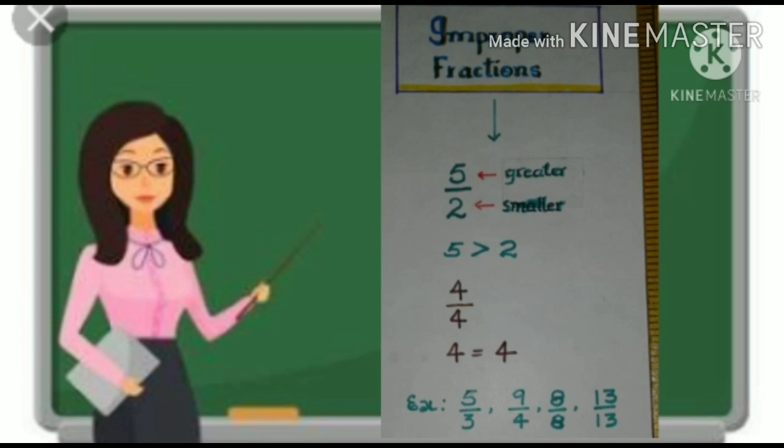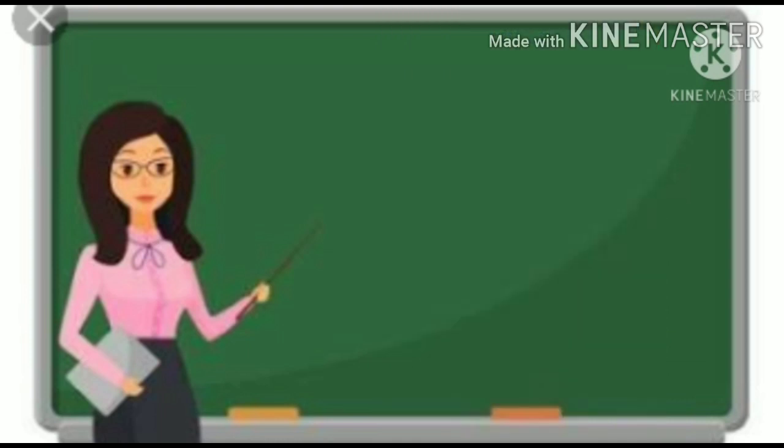Take another example. 4/4. Here 4 is equal to 4. So, 4/4 is also an improper fraction. Other examples are 5/3, 9/4, 8/8, 13/13, etc.